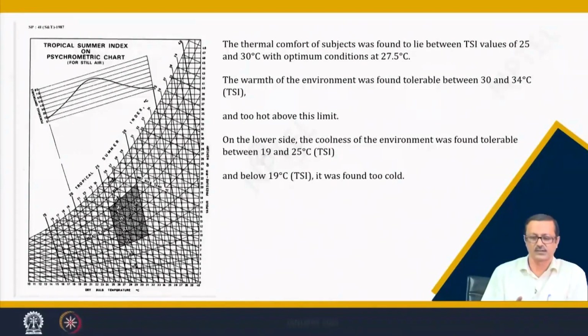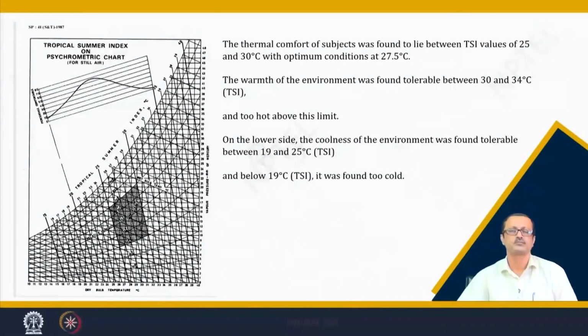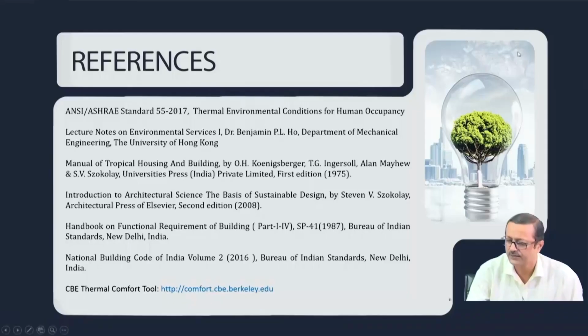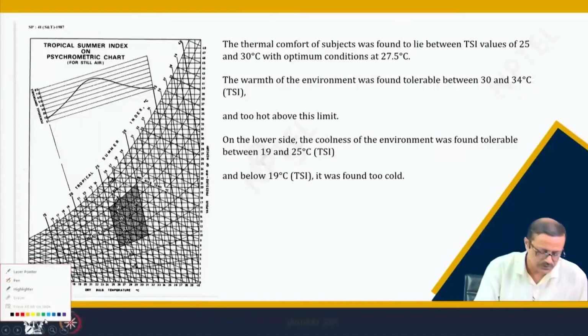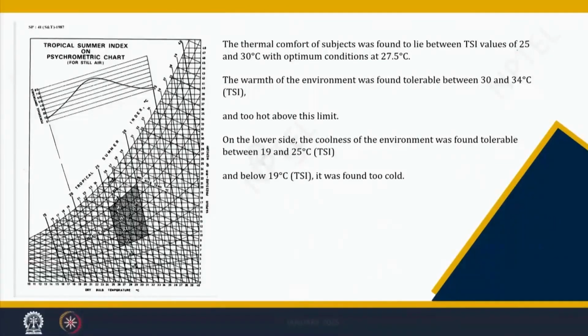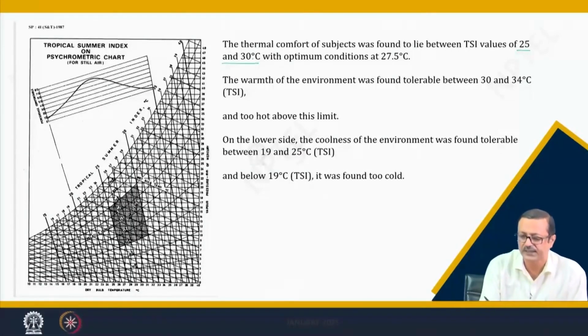In that SP41 there is a graph, and the hatched portion in the graph gives you the comfort zone, and it has a boundary. The boundary written here is a TSI value between 25 to 30 degrees, with the optimum condition at 27.5 degrees.